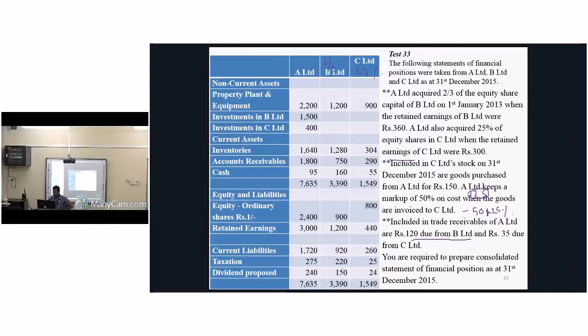Then when it comes to the group accounts, I'll draw my cost of control here. This is my cost of control. This is my consolidated retained earnings. This is my NCI account.